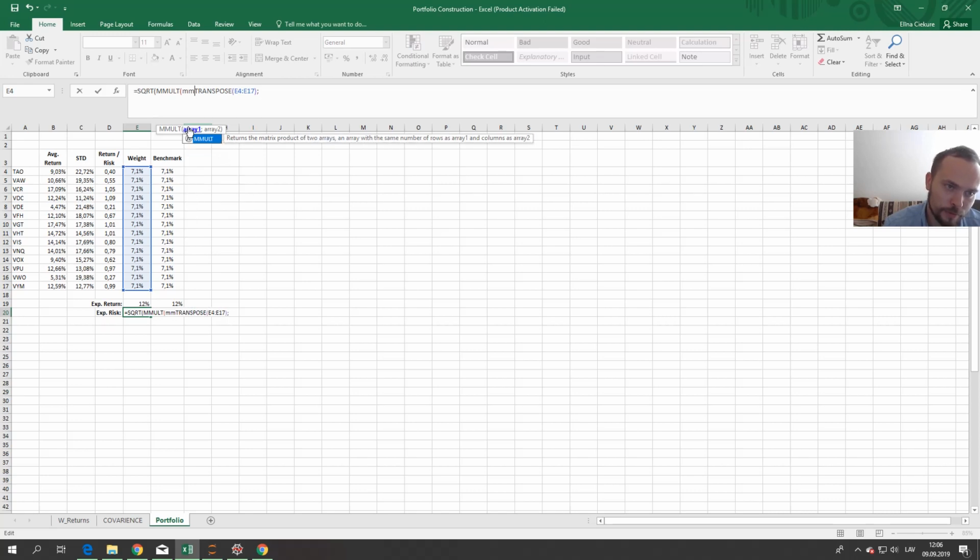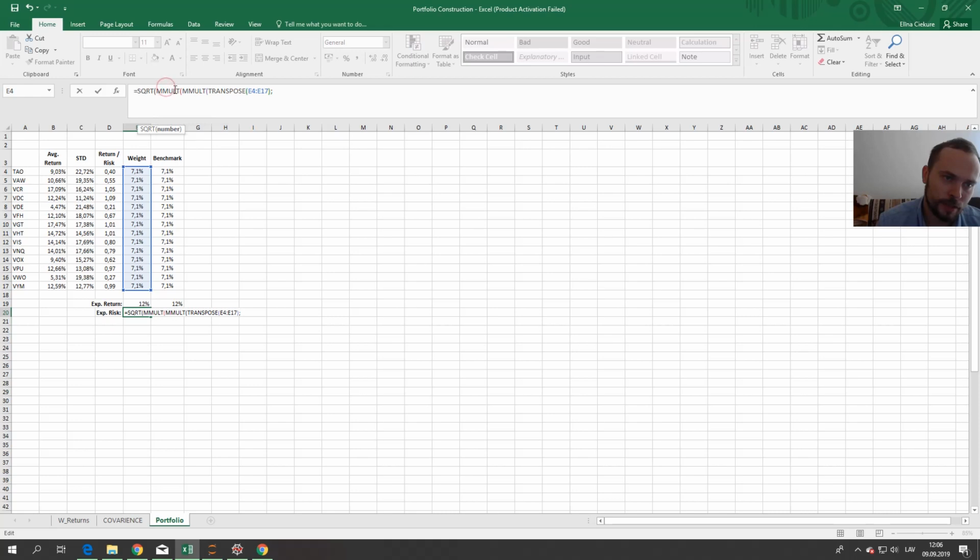Maybe you know, if you multiply a single vector with a matrix, you will get a vector, and if you multiply a vector with a vector, you will get a single value, and this is actually what we are trying to do here. So the square root is of a single value, but first we have a matrix multiplication: a vector against a matrix gives a vector, and then a vector against a vector.